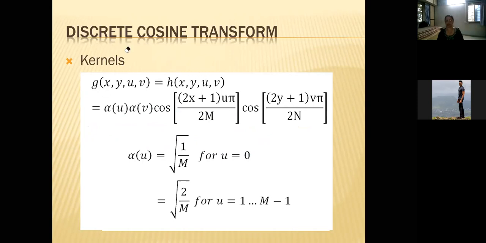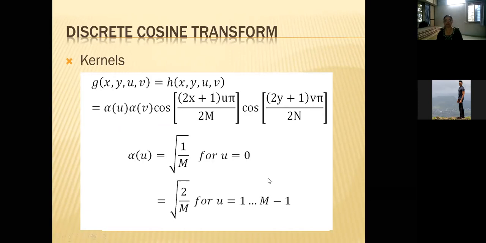And as compared to the Fourier transform, what are the advantages of DCT? The first advantage is that the DCT forward transformation kernel is identical to the inverse transformation kernel. Secondly, for DCT there are only cosine terms, so it is a real transformation, and hence the number of computations required is very small as compared to DFT.